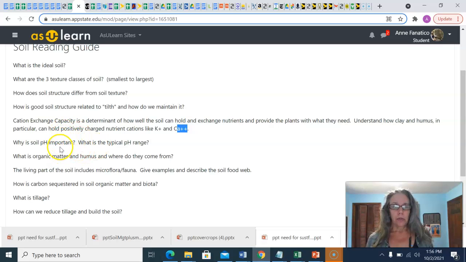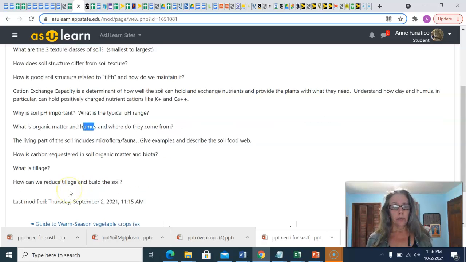We talked about the importance of soil pH, where organic matter comes from, that it is previously living material, but once you start working with the microbes in the soil, as the organic matter is broken down, they can resynthesize that into humus, which lasts for a long time in the soil and holds a lot of carbon.